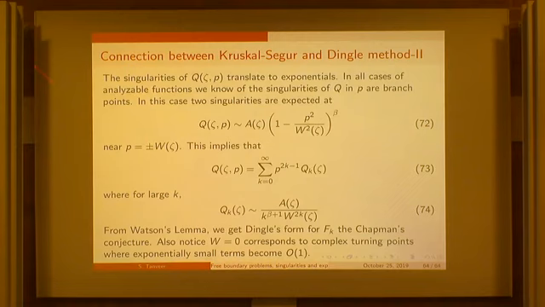When you go off to a complex point and go near a turning point, w is exactly 0. So when the singularities come towards 0, the exponential terms are no longer exponentially small, they become order 1. Okay, that's all. Thank you.